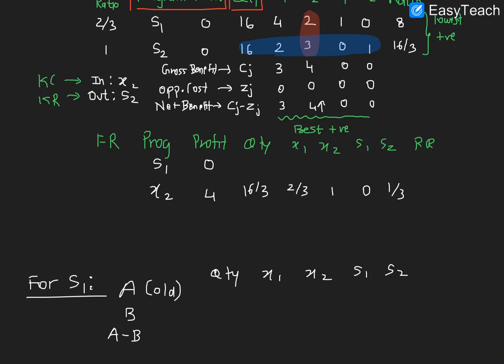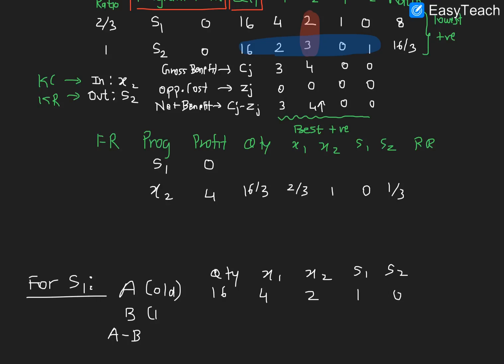So the old values for quantity for S1, these are 16, 4, 2, 1 and 0. So let's write it: 16, 4, 2, 1 and 0.